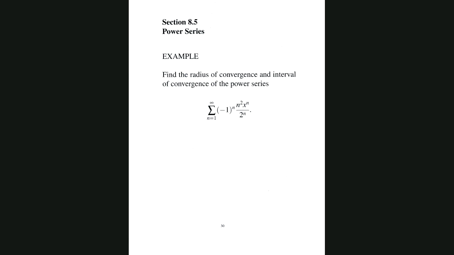Okay, so we want to find the radius of convergence and interval of convergence of this power series: the sum where n equals 1 to infinity of -1 to the nth power times n squared times x to the nth power over 2 to the nth power.